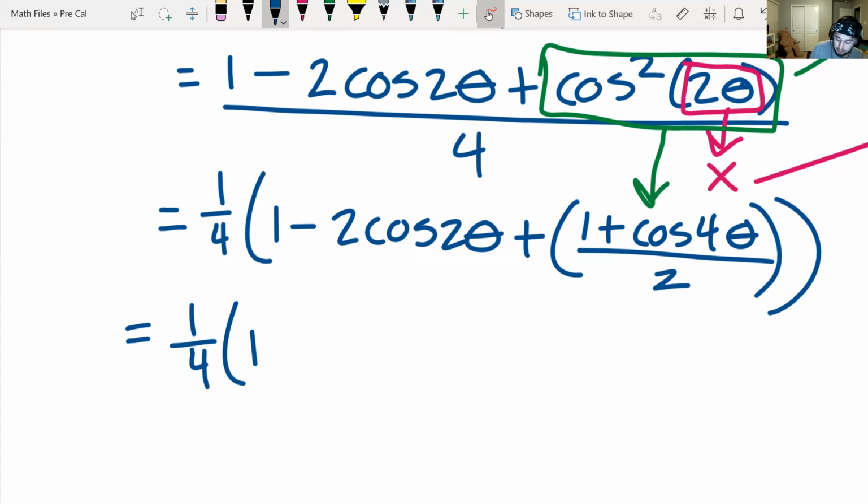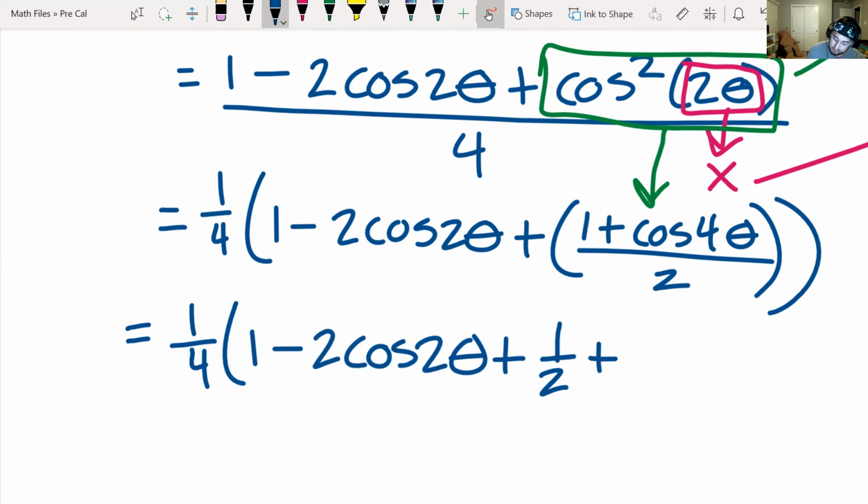1/4 times 1 minus 2 cosine 2 theta plus 1/2 plus 1/2 cosine 4 theta.